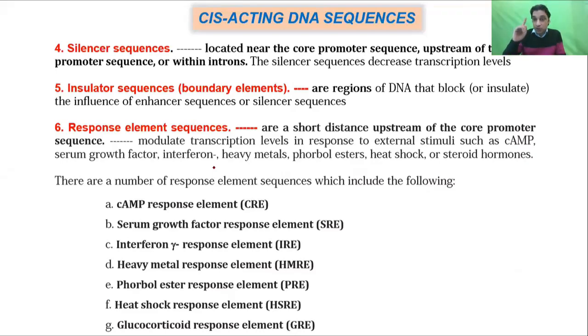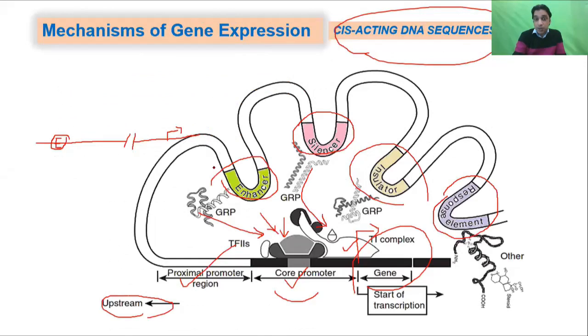One thing you should never forget: if the transcription initiation complex is created here, a basal level of expression will be there. If this is supported by an enhancer sequence, the expression will be increased.